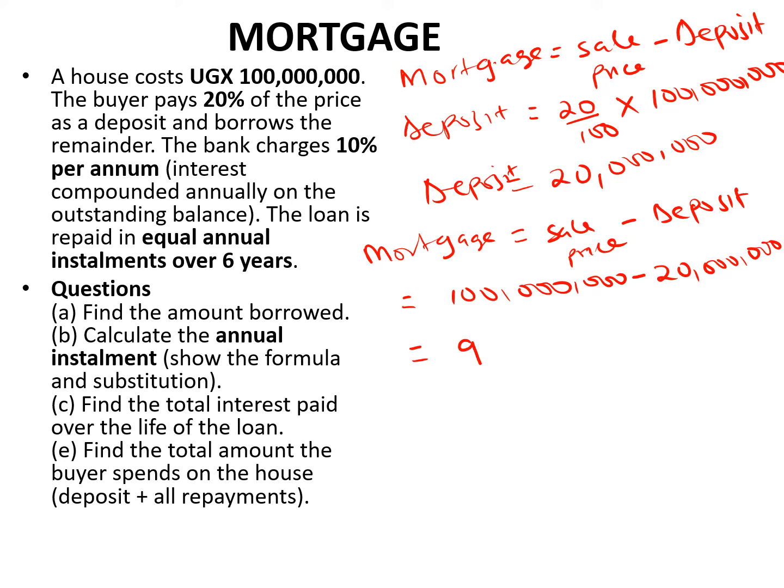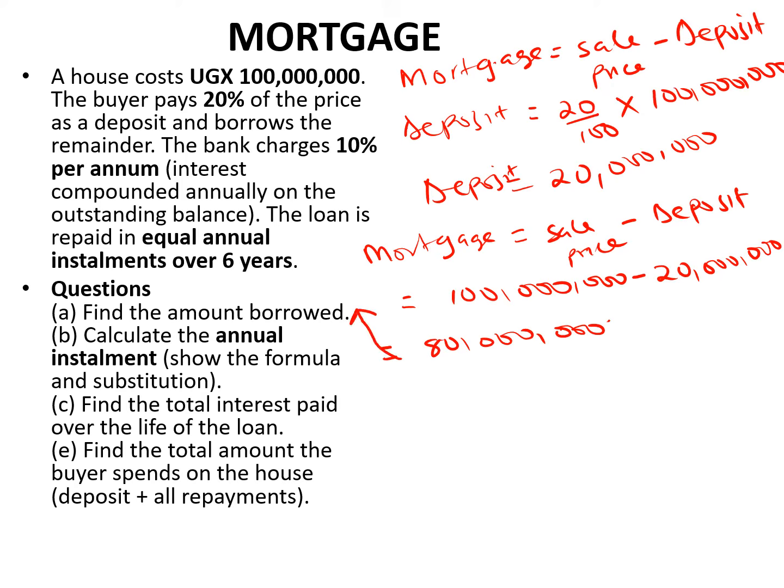And then here what do we get? When we get 100 millions minus 20 millions, I get 80 millions, the amount of money borrowed.